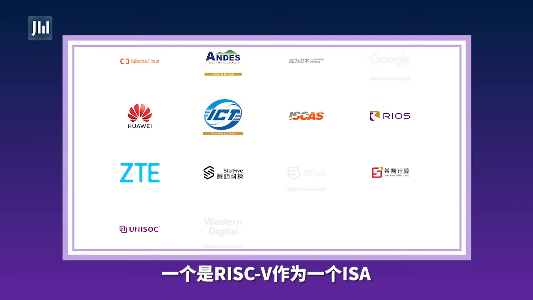One is RISC-V as an ISA is not open source, just like something like the C language or TCP/IP. It's a written standard, and there is no standardized implementation. So with a processor, there are two important things. One is the instruction set architecture, the ISA, and the other is the microarchitecture.